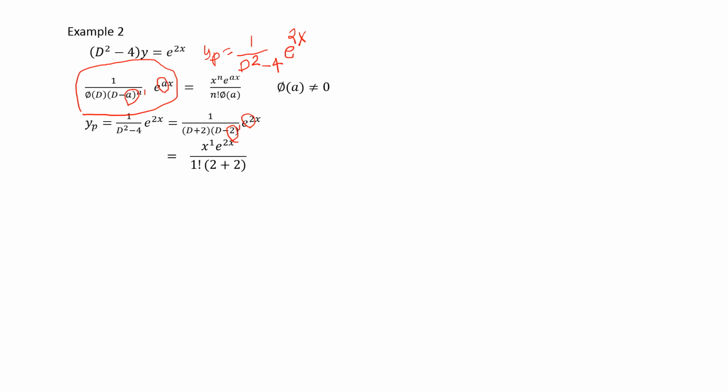So there is x to the 1 there, and then you just move the e to the 2x there. Where do you get this 1 factorial? Whatever is the power there is the factorial there, times substitute 2 in this one there. So this will be 2 plus 2, and therefore our particular solution is 1/4 x e to the 2x.